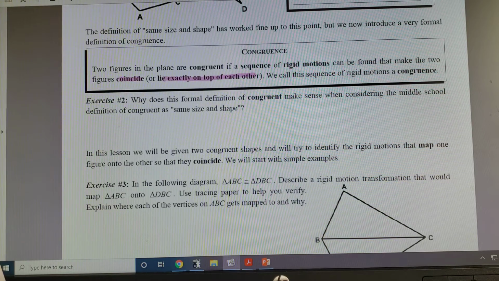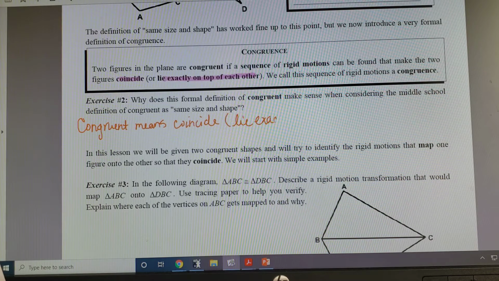Okay, so I'm going to write: congruent means coincide (lie exactly on top of each other). So congruent means coincide, which means to lie exactly on top of each other; semicolon.